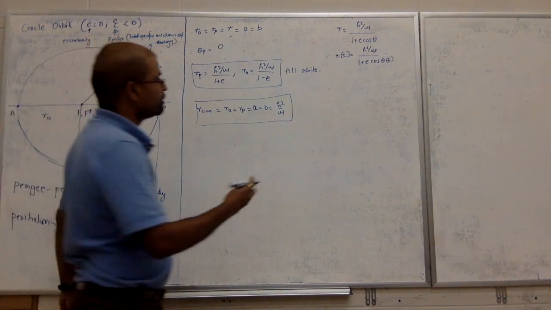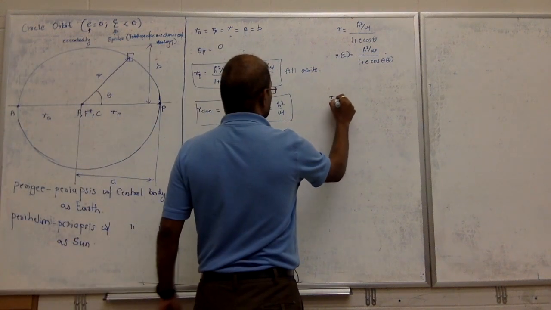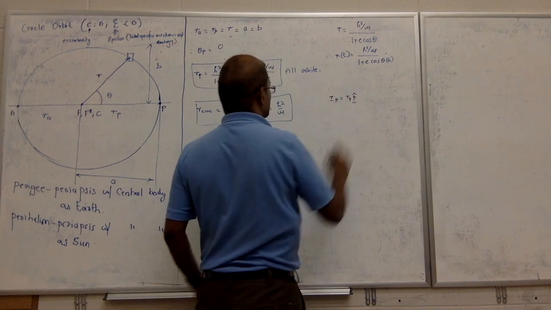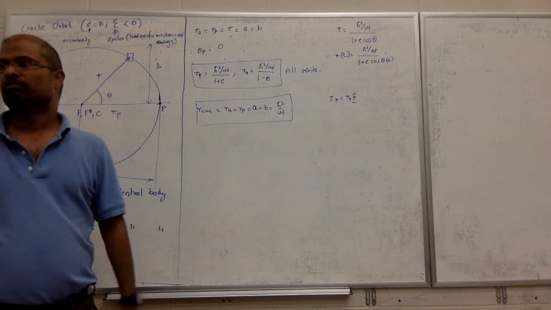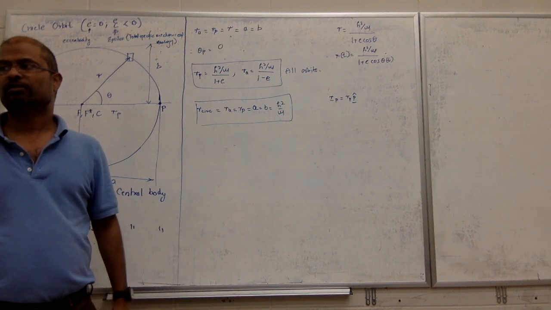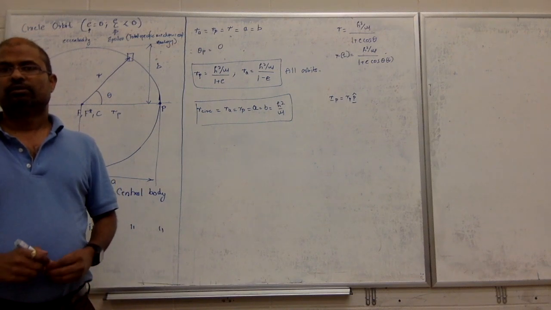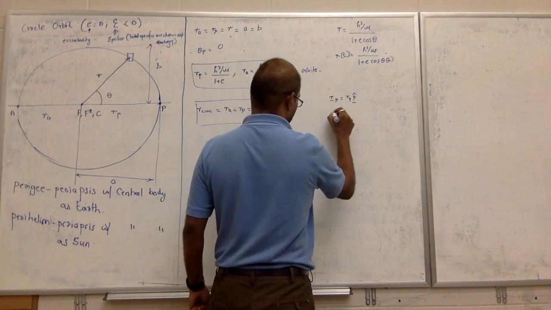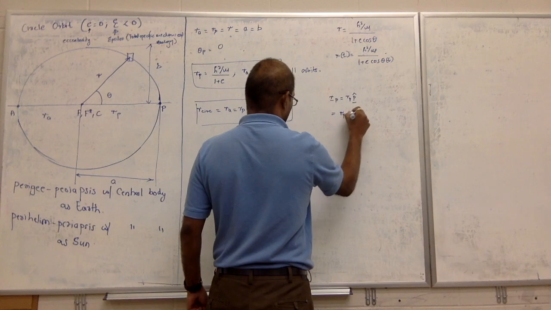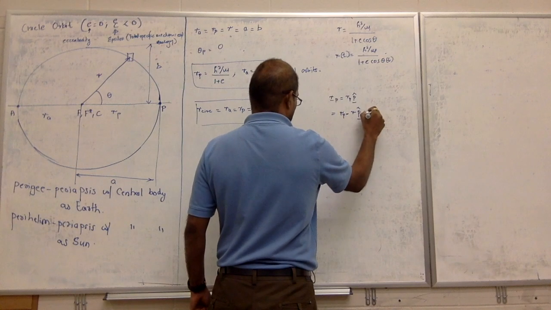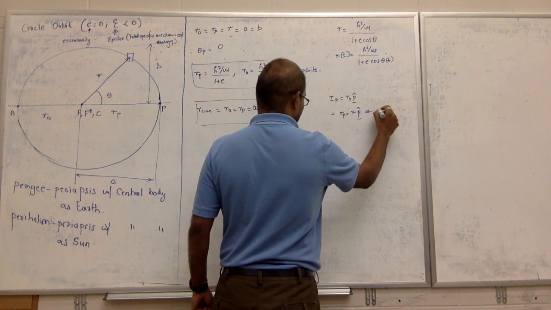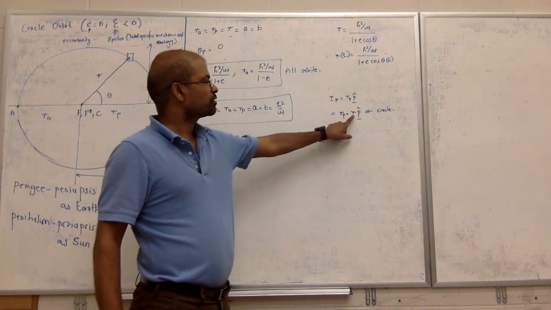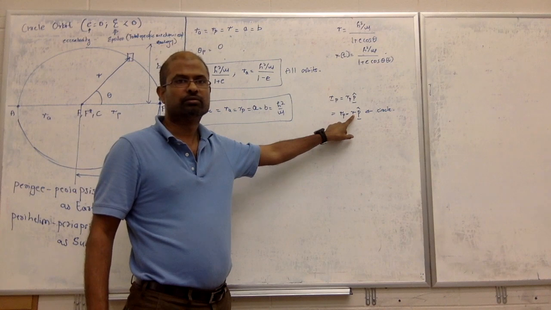What is r_P? Does that make sense? You could have written this. This r_P is r. This is the case for a circle. This r is not changing for a circle.